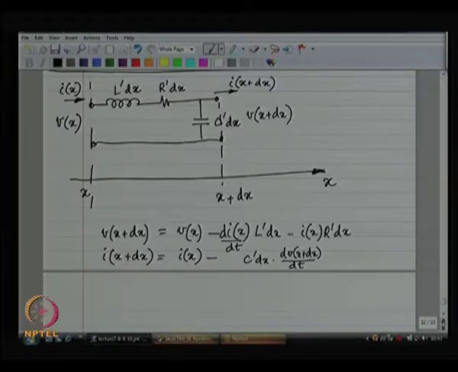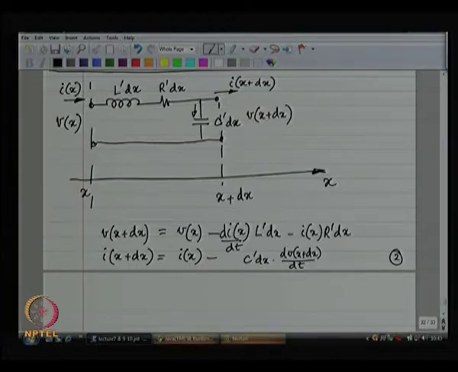So, the current through the capacitor is C dV by dt. So, that much current is leaking out through this capacitor. So, the current that is going out of the network is I of x plus dx, that is equal to I of x minus whatever is the current through the capacitor. That is my equation number 2. And equation number 1 is the voltage drop.